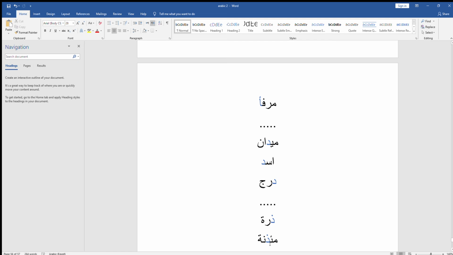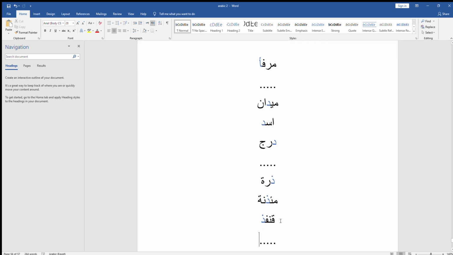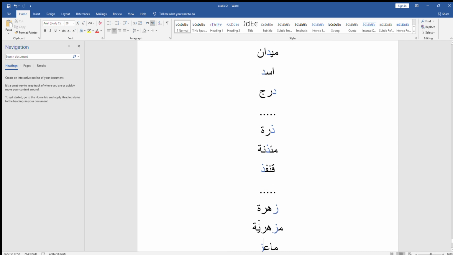And ذال is attached here to همزة because همزة comes before ذال, but is not attached to نون because نون came after ذال. And قنفذ. ذال is attached to فاء because فاء came behind ذال, or before it.